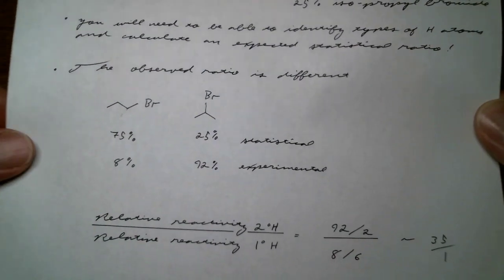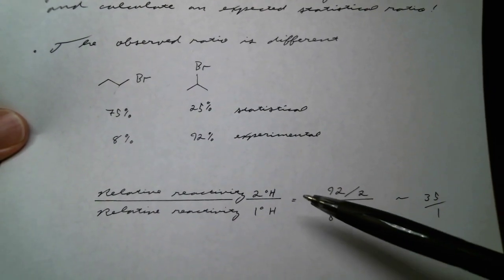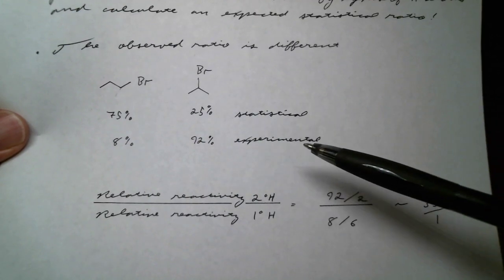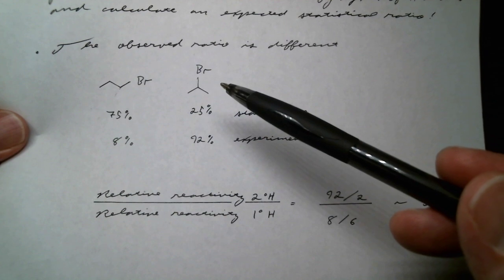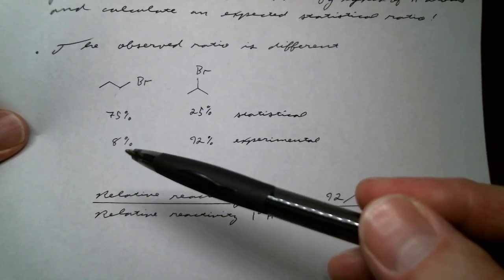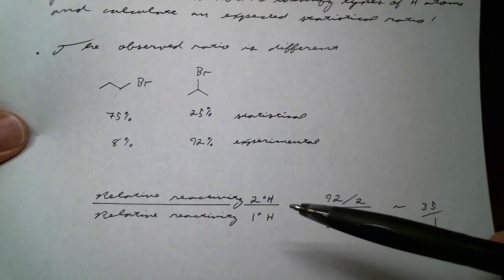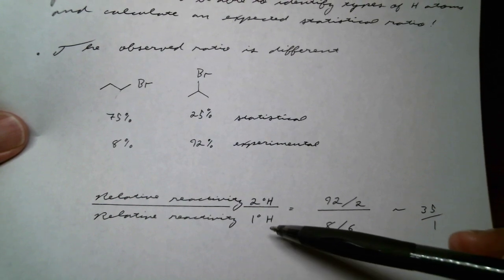Well, this brings up the idea of a relative reactivity ratio. So we know from our experimental observations that the secondary hydrogen is far more reactive than the primary hydrogen. So how do we define relative reactivity of a secondary hydrogen versus the relative reactivity of a primary hydrogen?